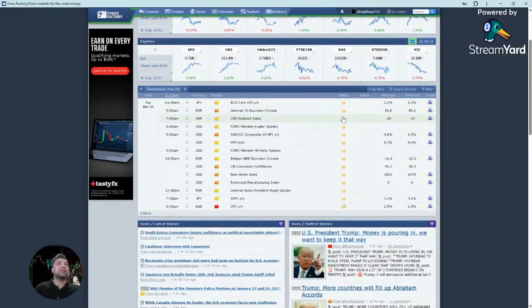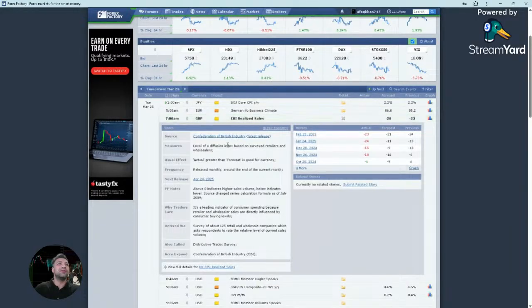Then we have the CBI realized sales, the level of a diffusion index based on surveyed retailers and wholesalers. It is a leading indicator for consumer spending because retailers and wholesalers are directly influenced by consumer buying, and they usually ask about 125 retailer and wholesaler companies.